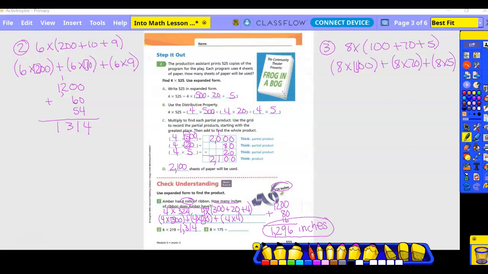Okay, so put 1 in a box. 8 times 1 is 8, and add 2 zeros, which, like I said, you can write it vertically or you can write it horizontally, because eventually you're probably going to have to write it vertically anyways. 8 times 7 is 56, and add a 0, plus 8 times 5 is 40. So I'm going to go ahead and write that vertically so it's easier to add.